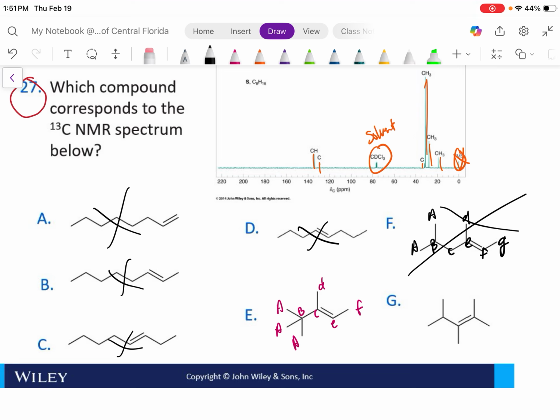And then this one right here. So that's A. Ooh, that one's going to be a little tricky. B, C, D, E, F, G. That's another one that just gives us 7 signals instead.